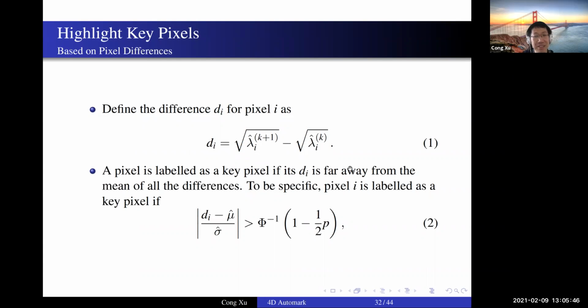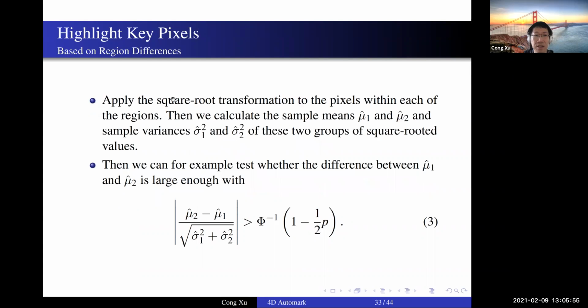Okay. So that's the first method, based on the distribution for the pixel differences. The second method is based on comparing regions. Suppose there are two regions, one within the time interval k and the other within the time interval k plus 1, and they have some overlapping parts.